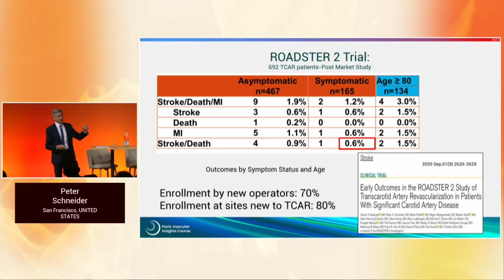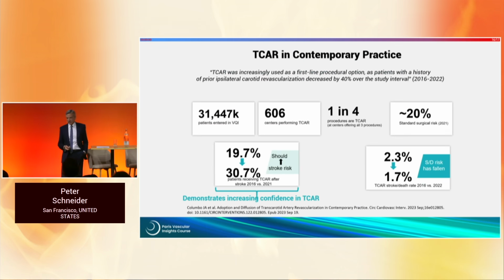The operators had to show dozens of cases with good results, et cetera. In this case, the US regulator said, okay, fine, if you want to roll this out, you have to use new operators and new sites, new centers. And what you see is that we got excellent results either way.